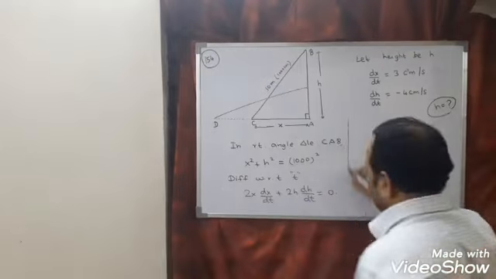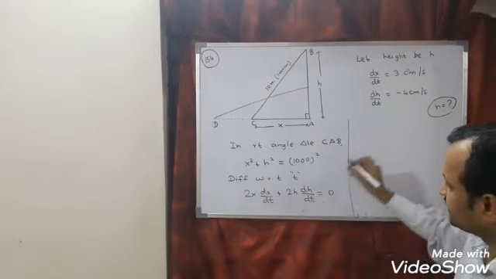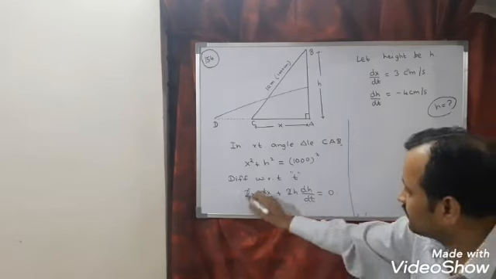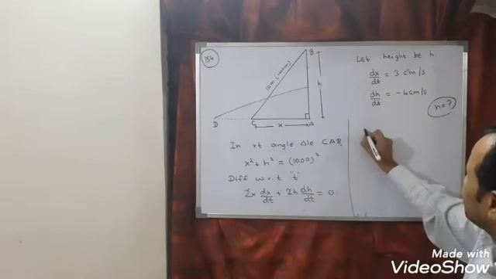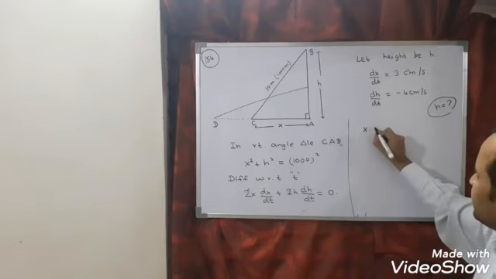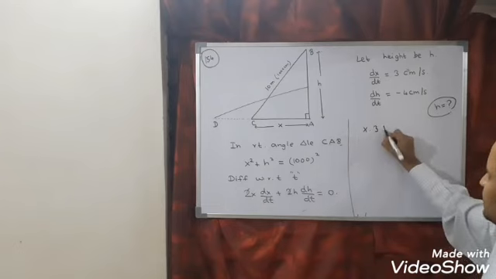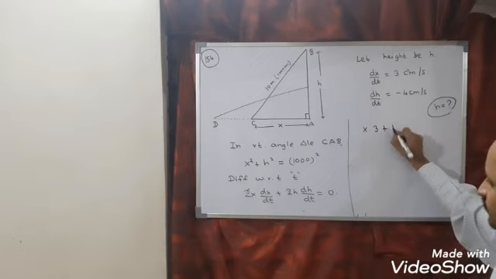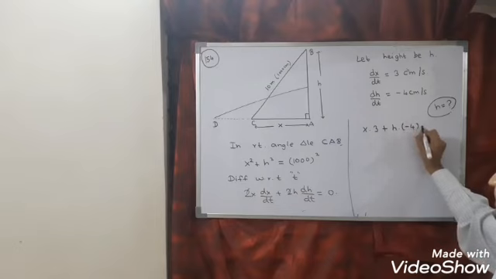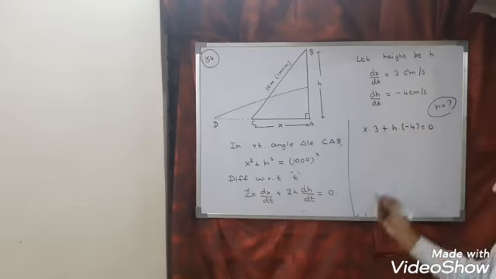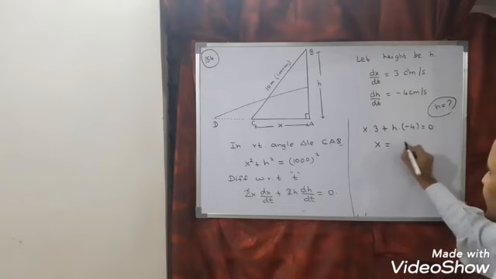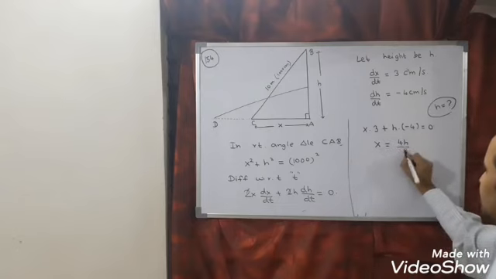What is left is x times dx by dt, which is given as 3, plus h times dh by dt, which is given as minus 4, equal to 0. So tell me what is x? This term goes to the other side, and x becomes 4h by 3.